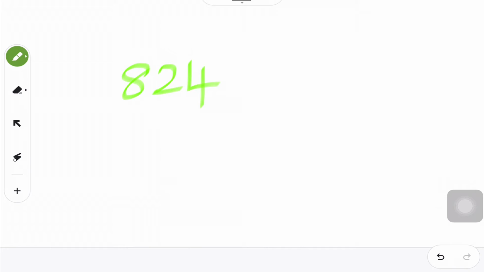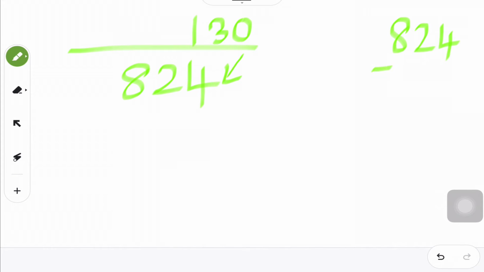We don't know how many stamps Bob has, but Larry has 30 more stamps than Bob. So if you want to know how many stamps Bob has, let's remove this 30 from what Larry has, 824, and then we will get an answer that is what Bob has.